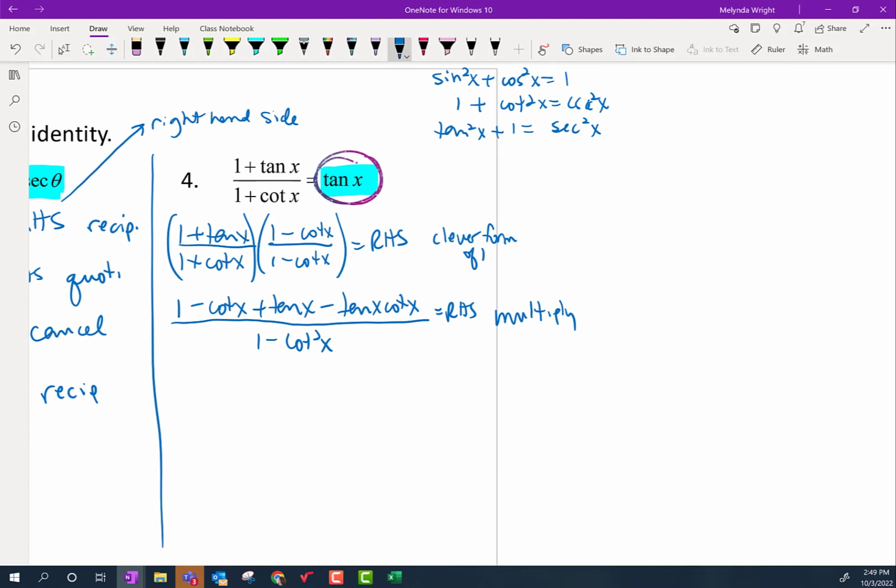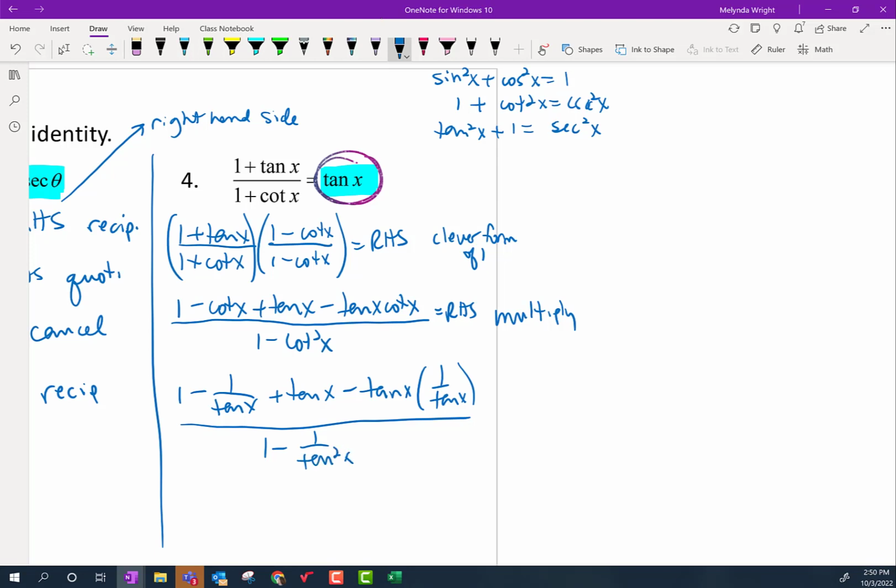So that's using the reciprocal property. So it's going to be 1 minus 1 over tangent plus tangent minus tangent times 1 over tangent, all over 1 minus 1 over tangent squared equals right-hand side, and I did reciprocal. Okay.